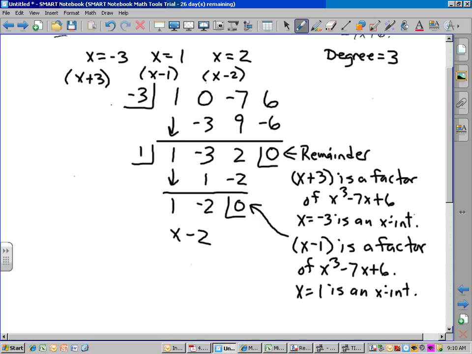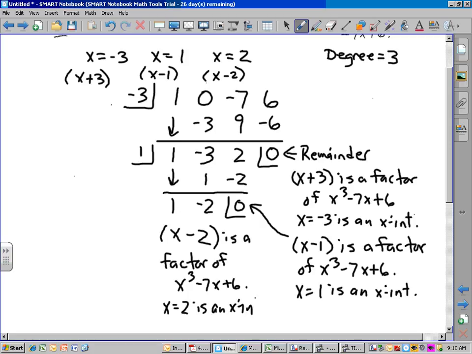Again, when I broke this down earlier, I told you that the quotient is also a factor. So we don't even have to do the synthetic division after we go far enough. We can simply say that x minus 2 is a factor of x cubed minus 7x plus 6. And we can say that x equals 2 is an x-intercept, which we already knew.